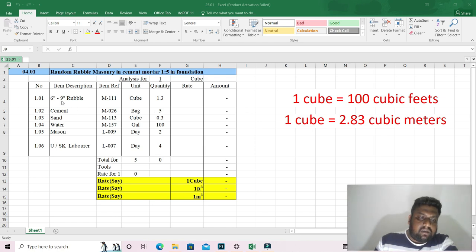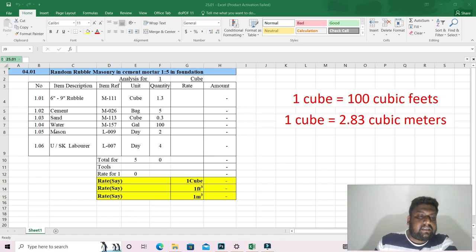How many cement bags do you need? I consider here 1 cement bag is equal to 50 kilograms. Therefore you need 250 kilograms of cement to complete 1 cube of rubble work, so therefore it is 5 bags.